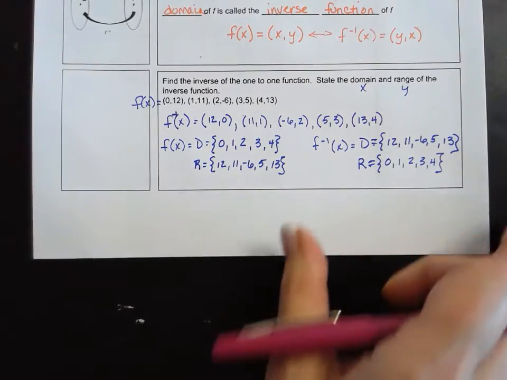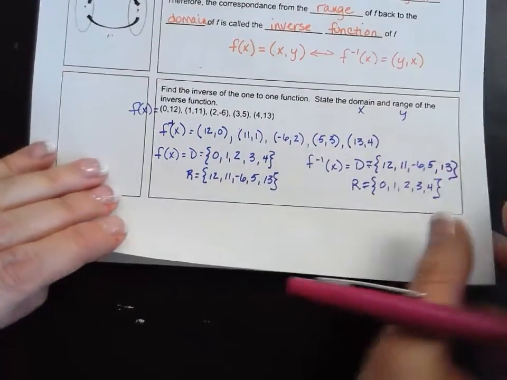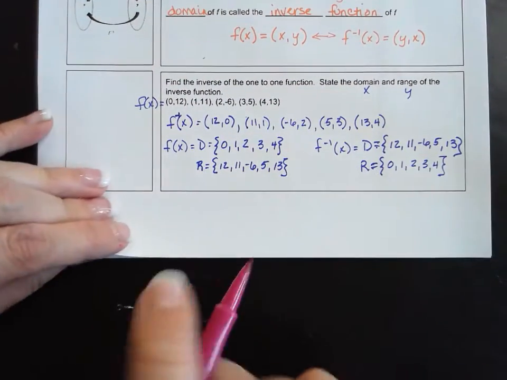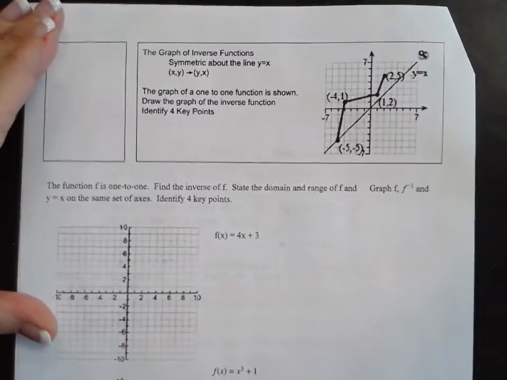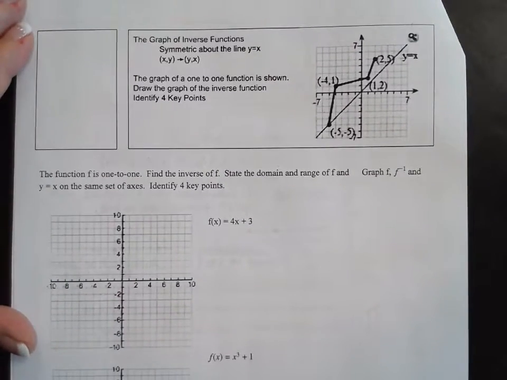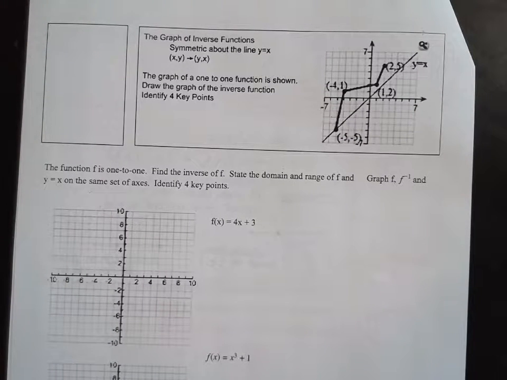Good? All right, let's look at the graph. That's if you just have the ordered pairs. Let's look at the graph. Okay, we got a 1-to-1 function there.